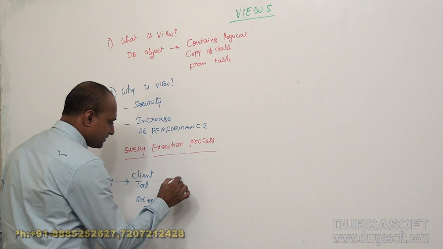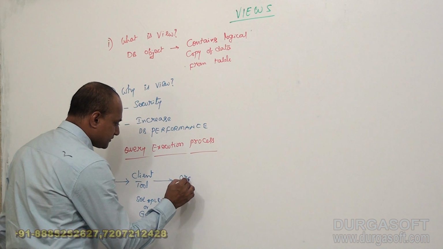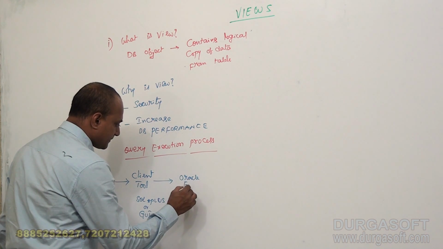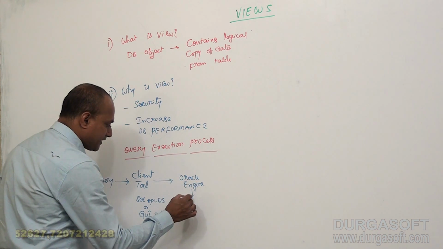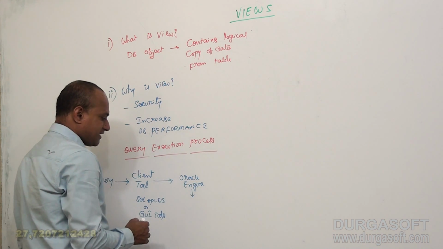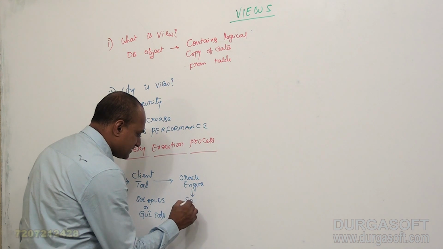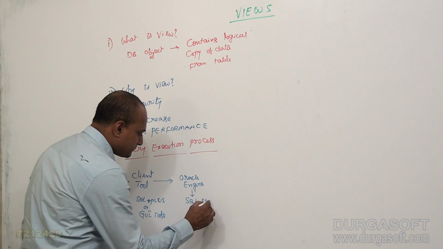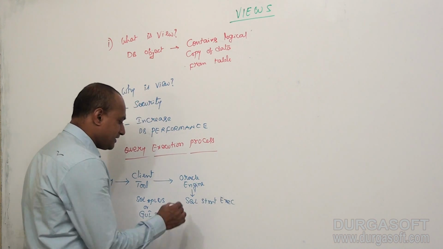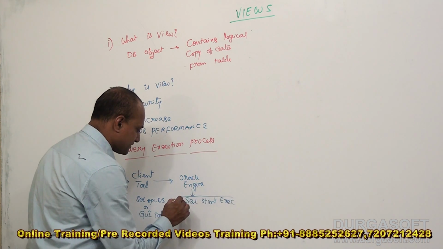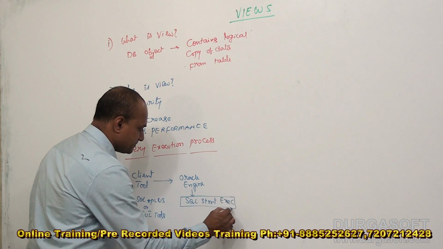So finally you are submitting the query in the client tool. From the client tool, it is interacting with the Oracle engine. Under the Oracle engine, you have two components again. One is the SQL statement executor. This is one component of the Oracle engine.